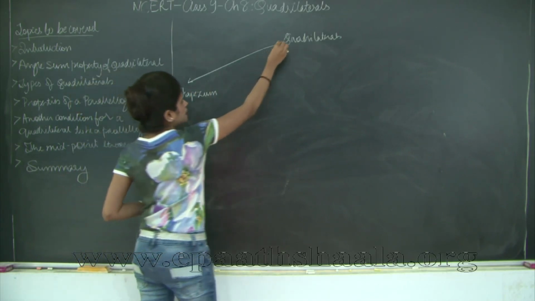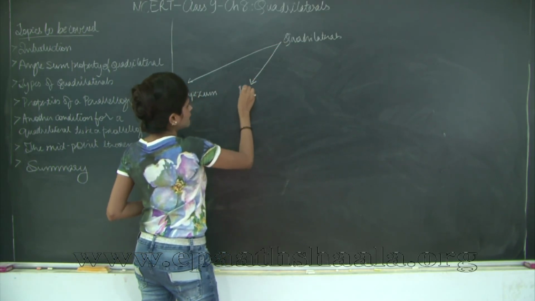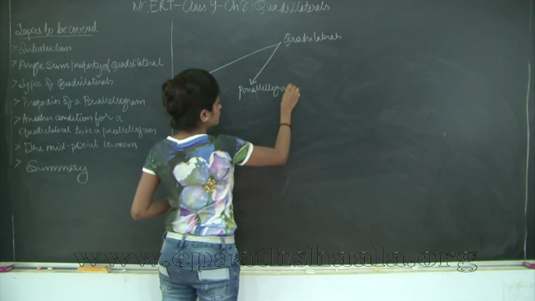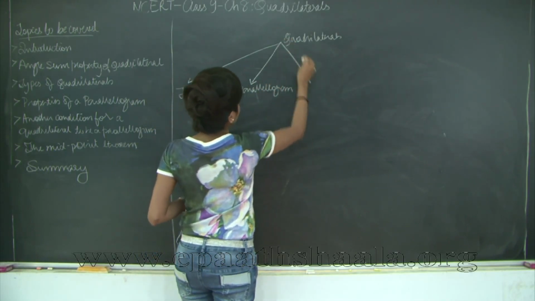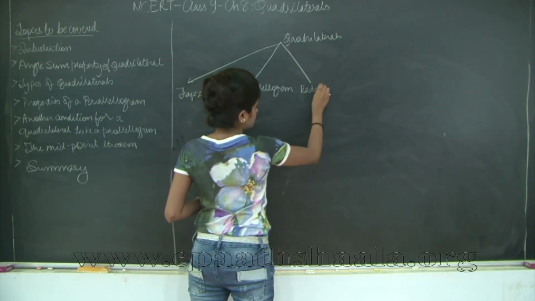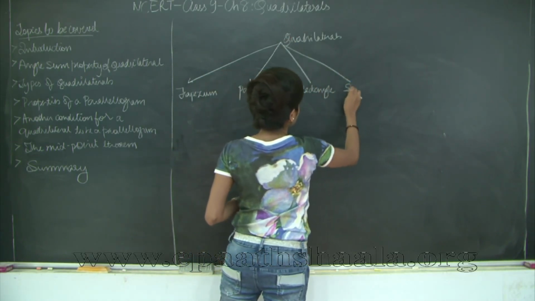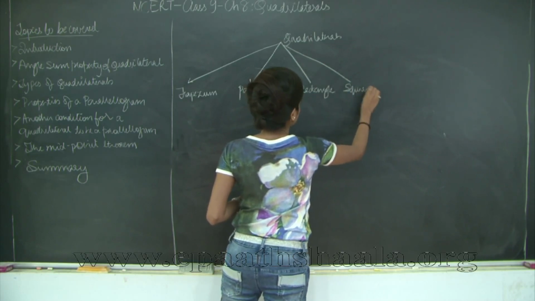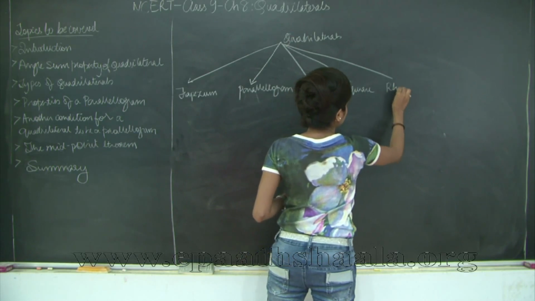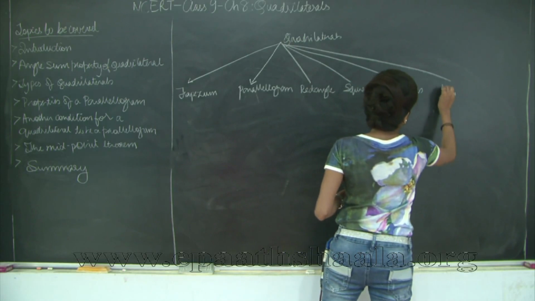The second category as parallelogram. Then third one as rectangle. Then I have square. Then I have rhombus. And finally I have kite.